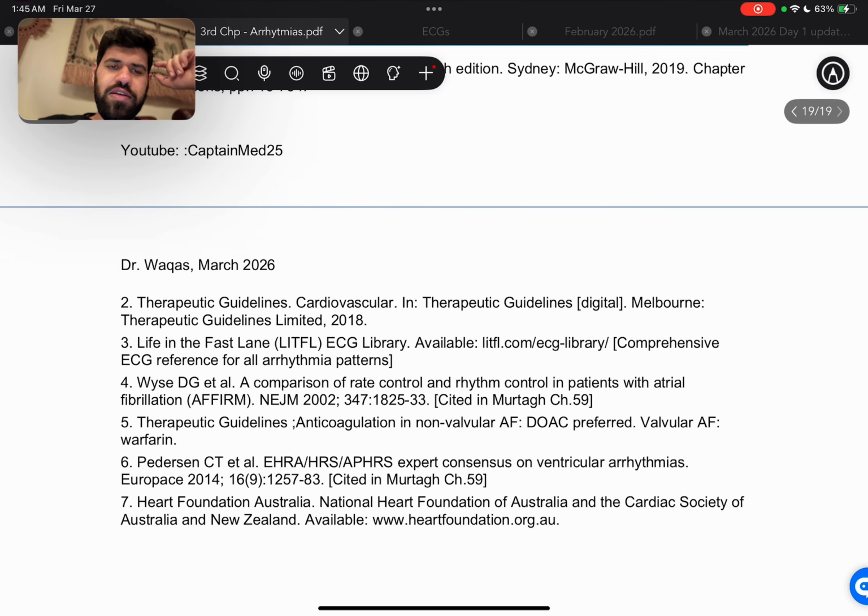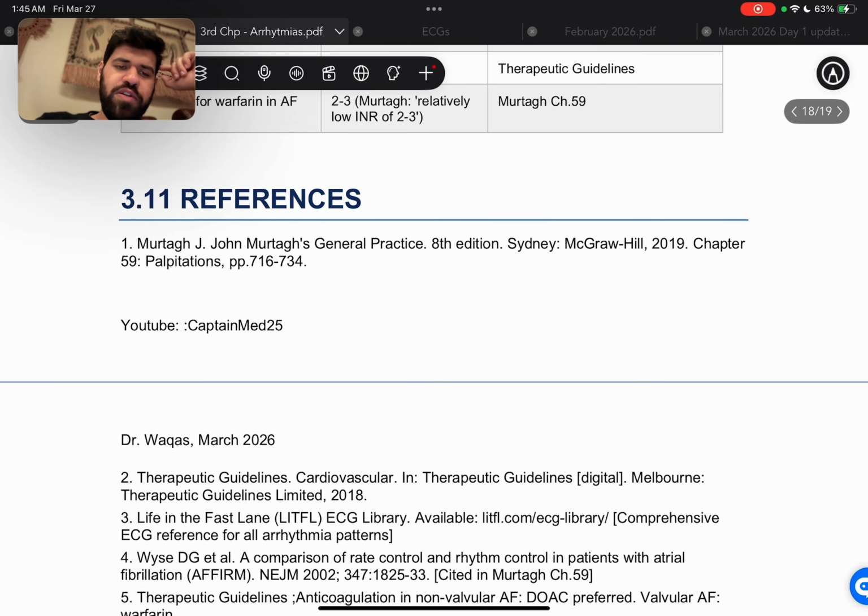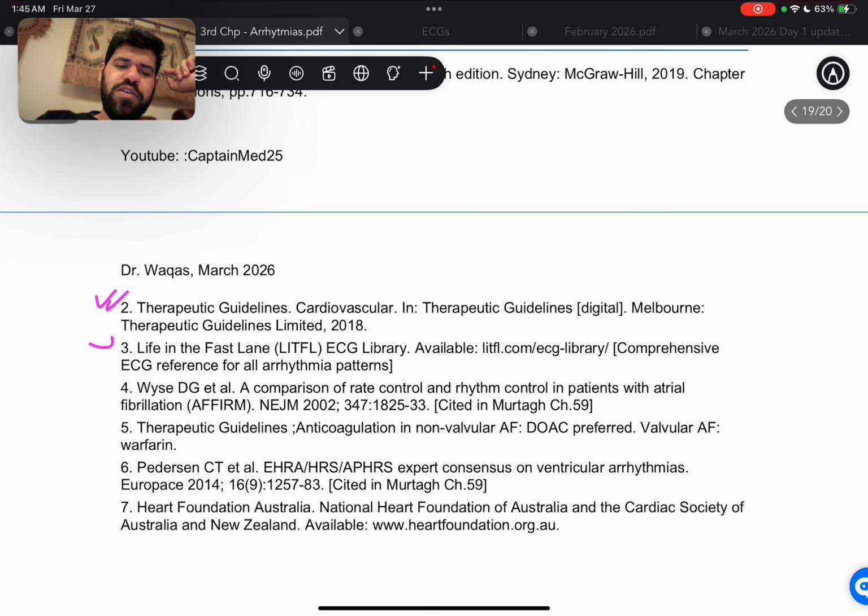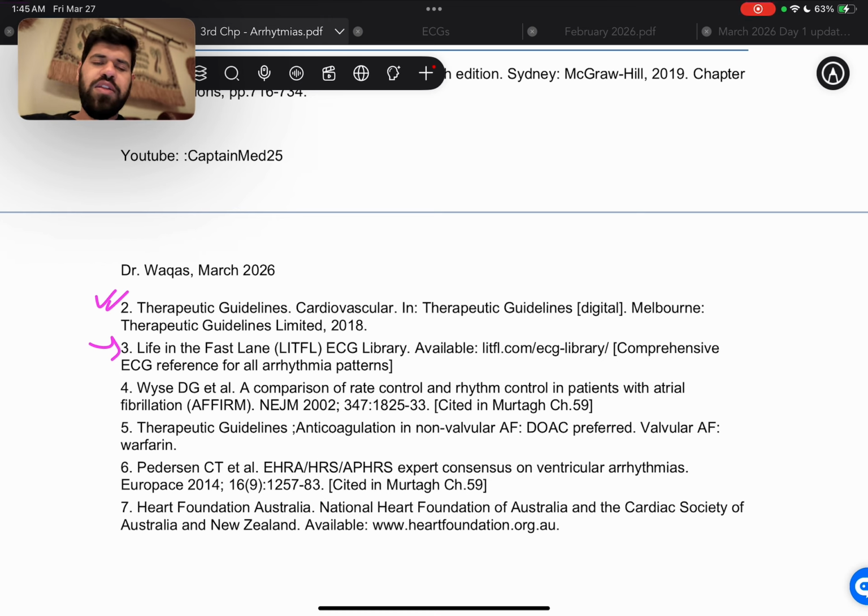I've included John Murtagh, therapeutic guidelines, and the links to the ECGs, because they keep on updating. That's why I didn't put any in this PDF, as they keep on changing and adding more examples. I think it would be a disservice to put the old ECGs, and if you go into the website, you can find the updated ECGs.